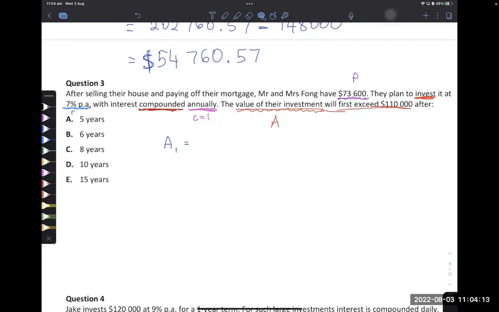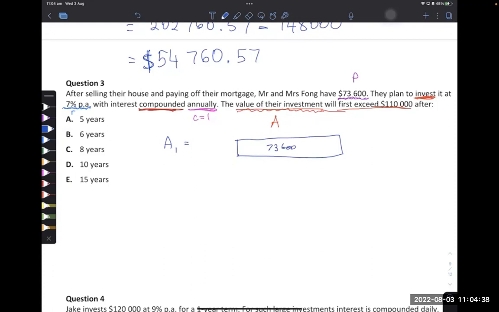And then what's your total amount then? Because now you have your interest. We know how to calculate our interest. We got to add that on to how much you already have, right? So let's say, I'll draw this up like a little bar, right? You already have $73,600.